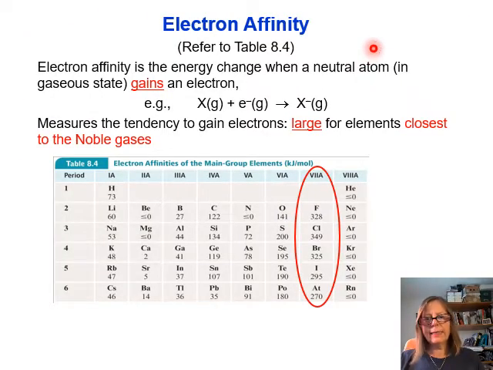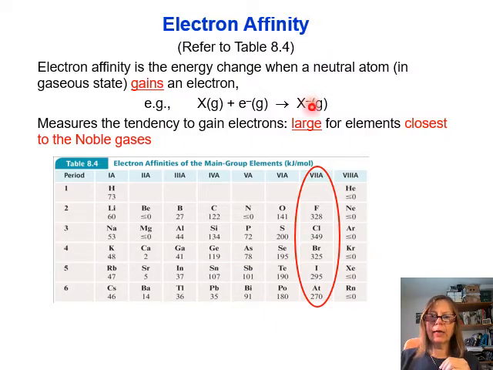Electron affinity is the energy that is released when the element gains one electron. You can think about it as how much an element wants an extra electron. It is linked to how much stability one extra electron would bring to the element.